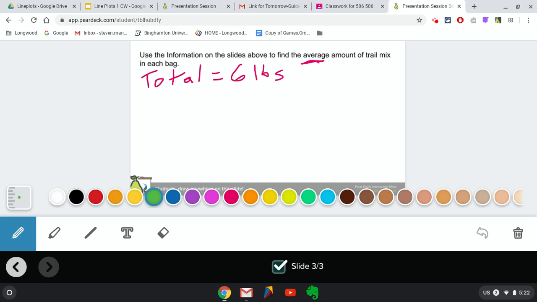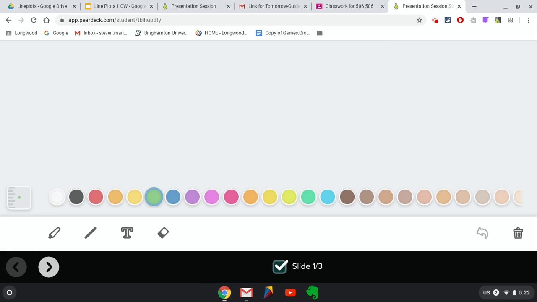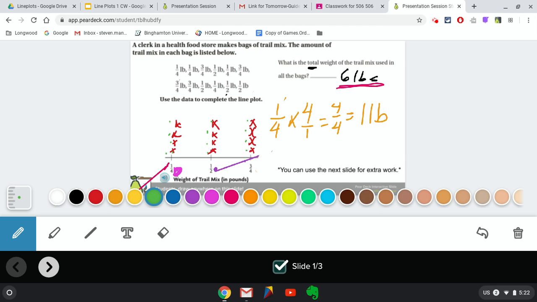That means there's 12 numbers in that data set. So for us to find an average, what we're going to do is take the total, which we already have, and we're dividing that total by how many numbers were in the data set. And again, we did that by counting up the number of X's. So the number of X's right here tell us how many total numbers. So we count them all up, we got 12.